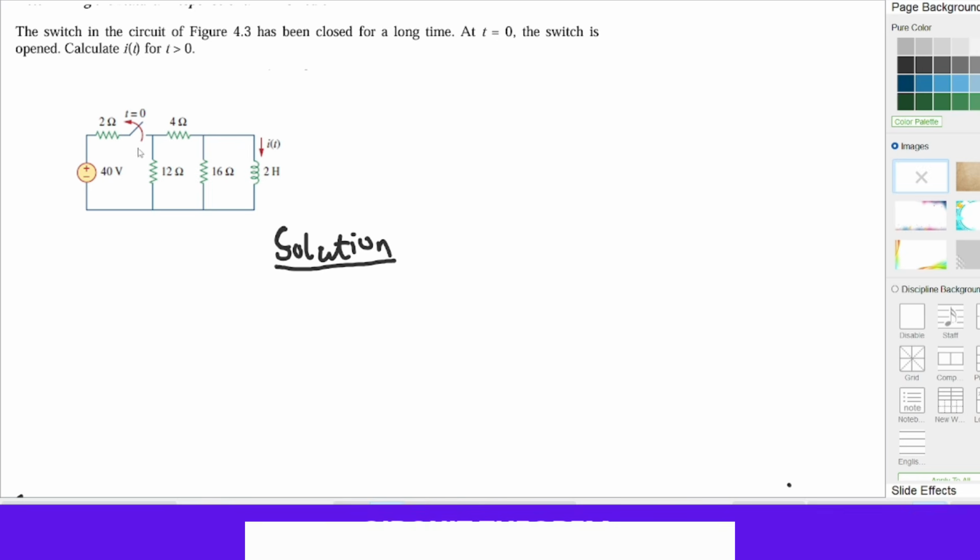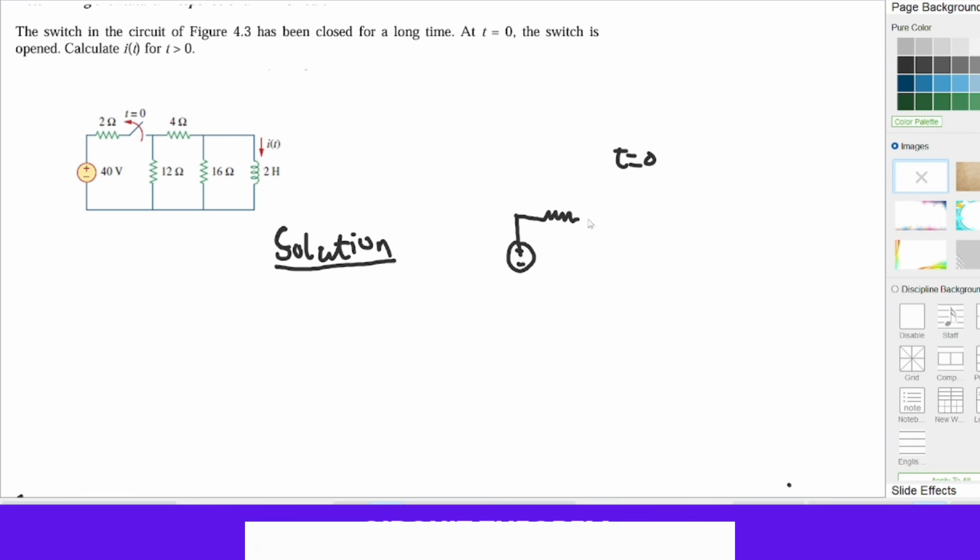Okay, so this is telling us that before the time t equals 0, that means the present time, the time we are in now, we had closed the circuit, so the circuit was this way. Let's go.